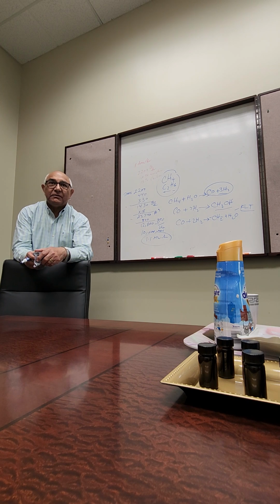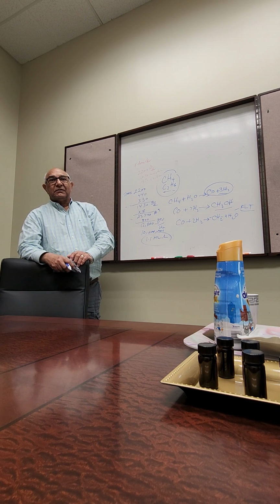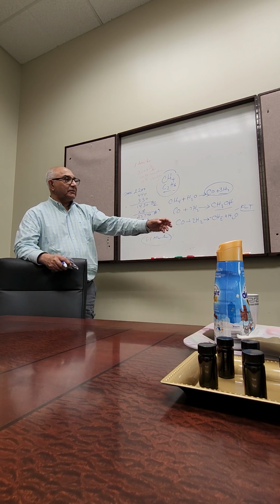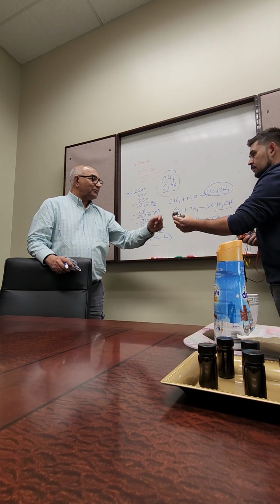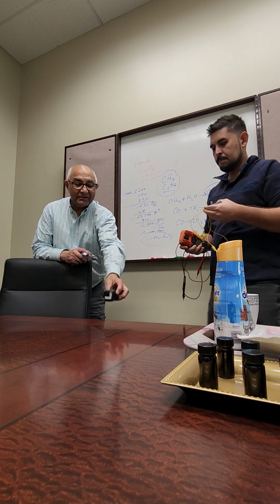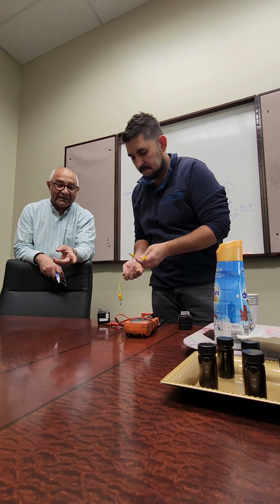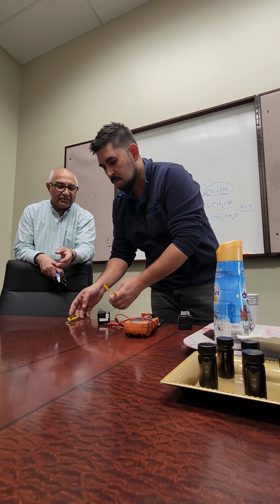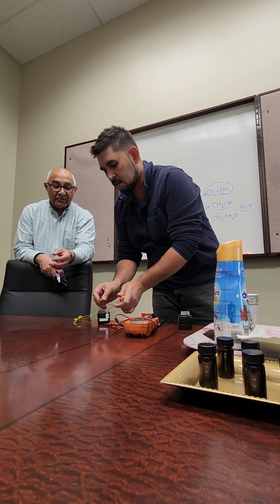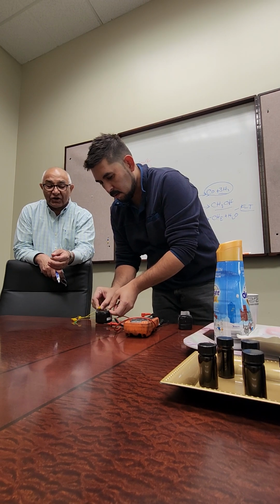I'm not supposed to say the name of the company, but we're working with Procter and Gamble on one of their paper products. Just connect it. We have been testing this battery for more than a month now, and it charges itself.